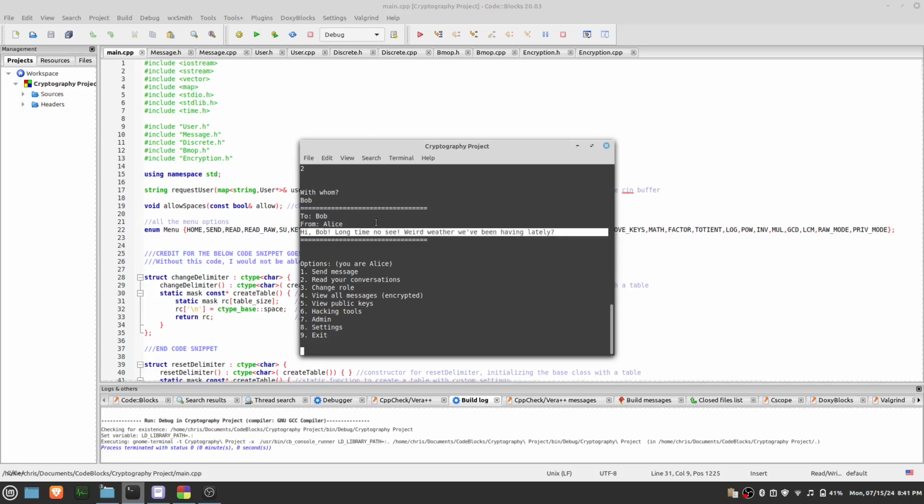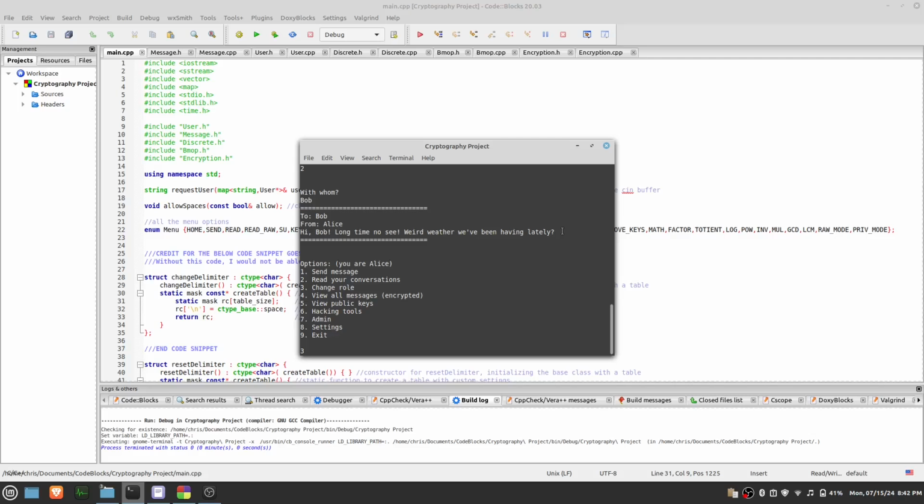This is asymmetric encryption, so you encrypt it using the receiver's public key, and then the receiver decrypts it using their private key, and that helps keep it secure. So what we're seeing right here is just our saved copy, because we can't actually decrypt what we sent. We were only able to encrypt it.